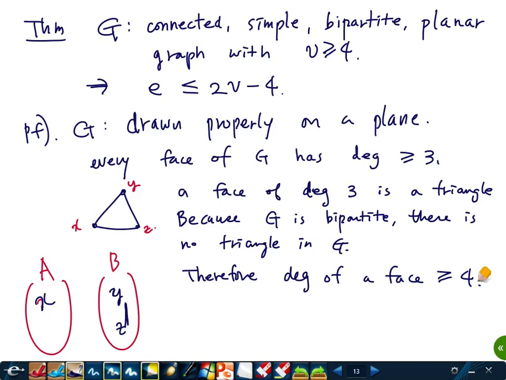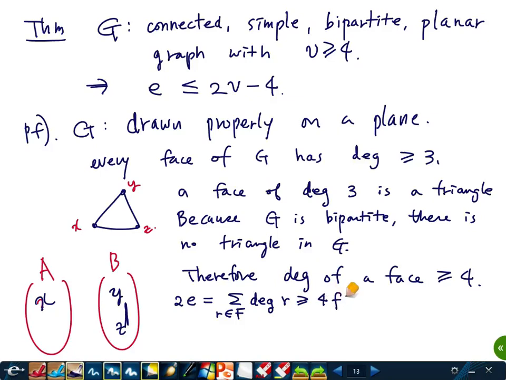Now the proof is the same. We use the same argument. Let's see if we can finish this. We know that 2 times E is equal to the sum of the degrees of the faces R in F, but this is always at least 4, so it's at least 4 times F, right?